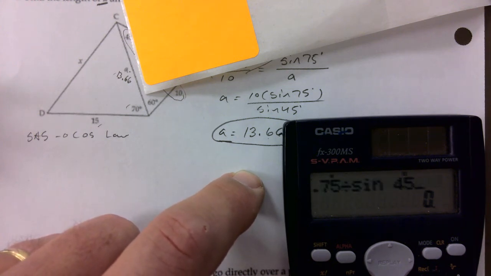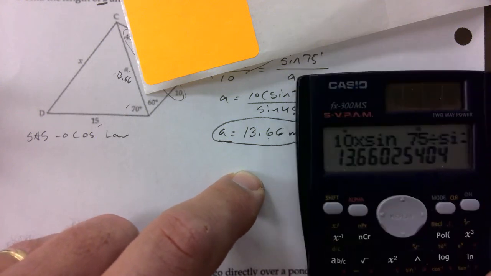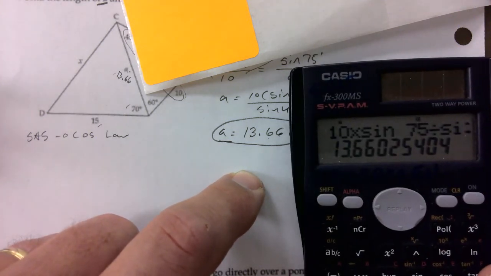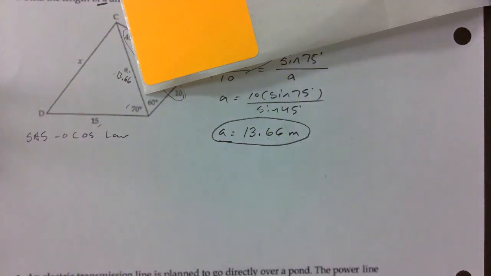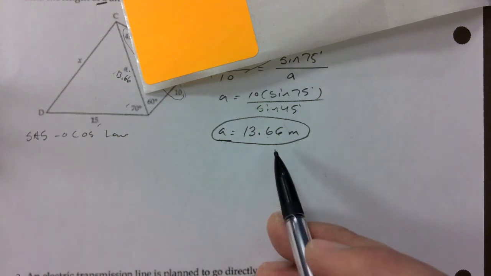Can you check? Is yours set to degrees? Okay, I'll come and see you, because I feel like it's a calculator thing, the way you enter it. So we'll figure that out for now.